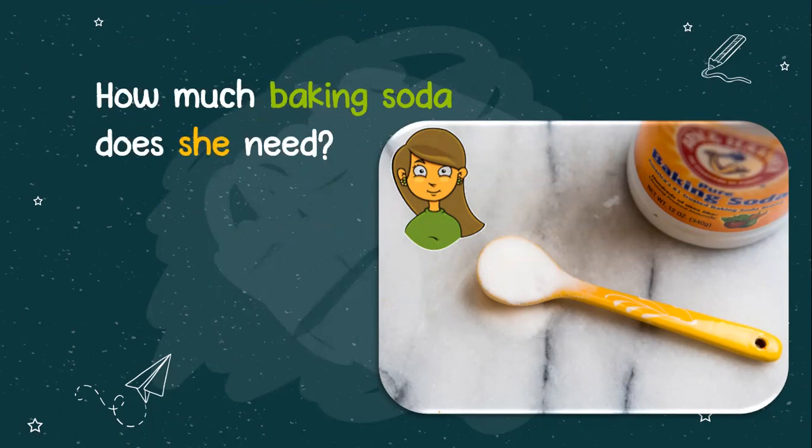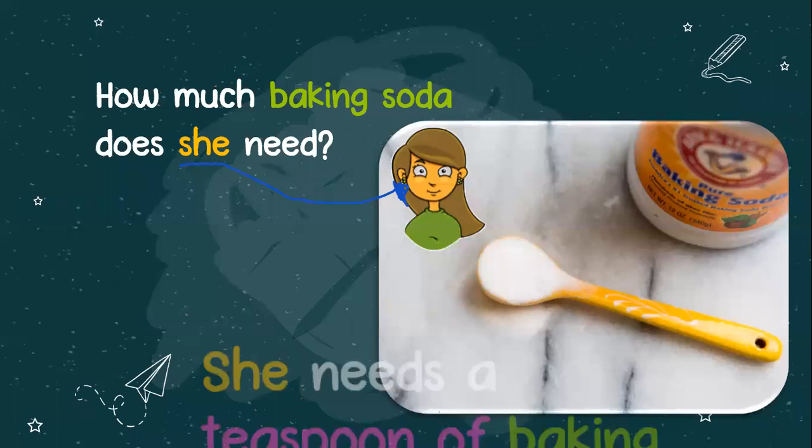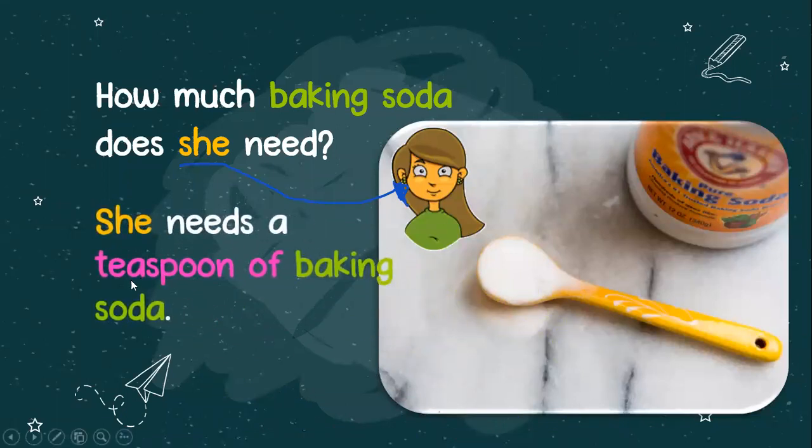Does he need? But in the picture, it's a girl. Oh, yes. So we need to correct. How much baking soda does she need? In this case, the answer is she needs a teaspoon of baking soda.